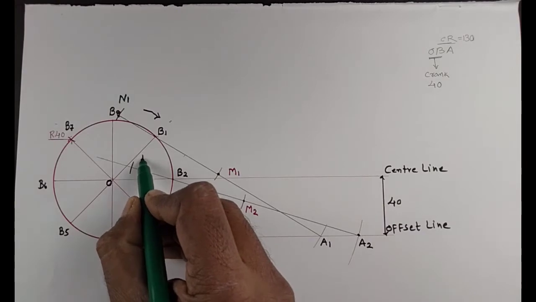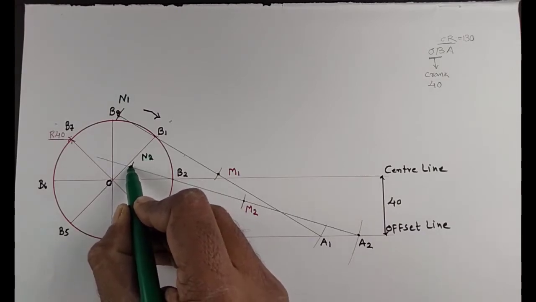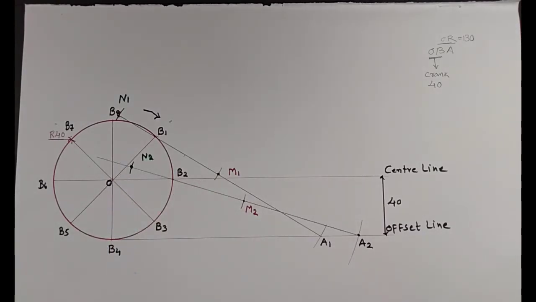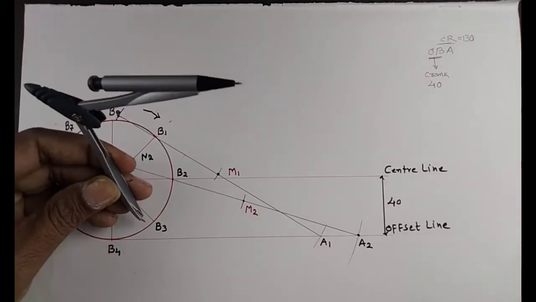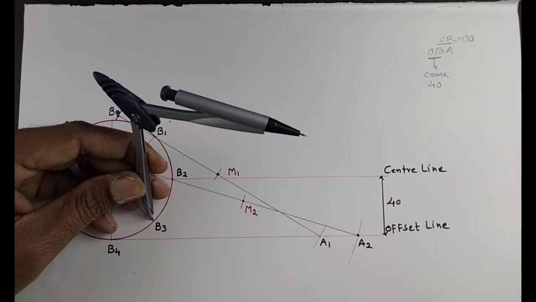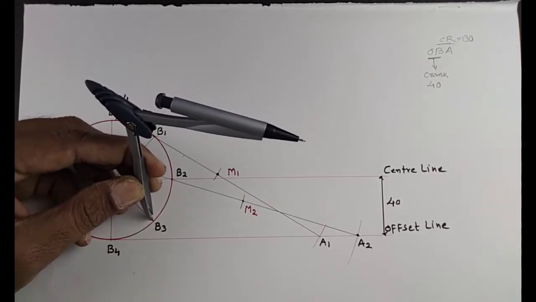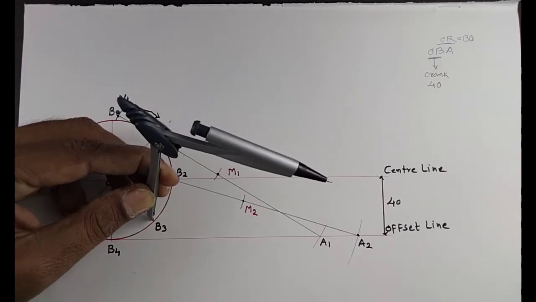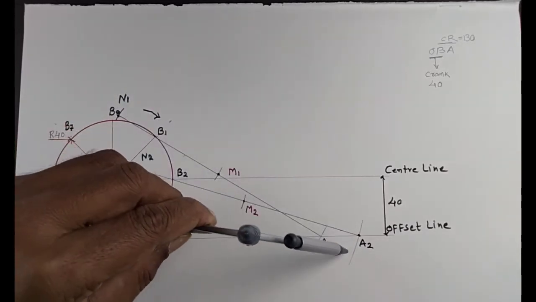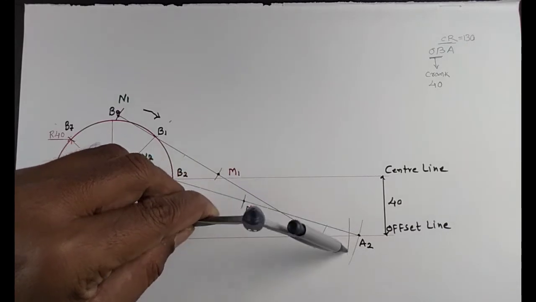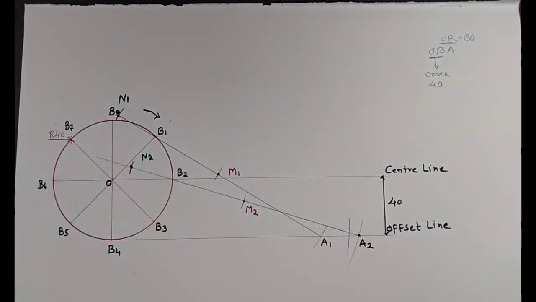I got my N2 point. Similarly, you can do the exercise for A3, B3. So first we find the position of B3, A3. For that, B3 is the center, 130 mm radius, I draw the arc, so I got my A3 point.